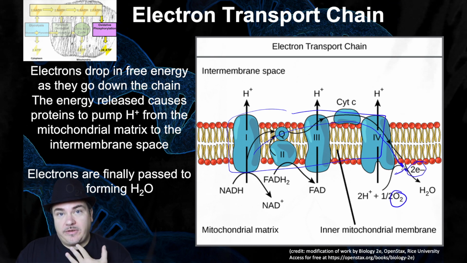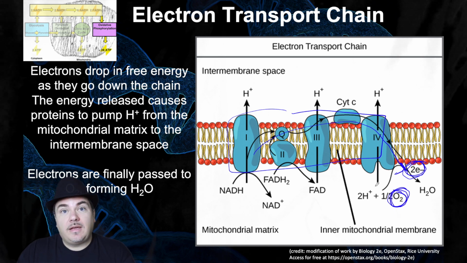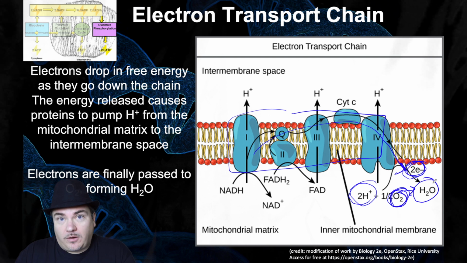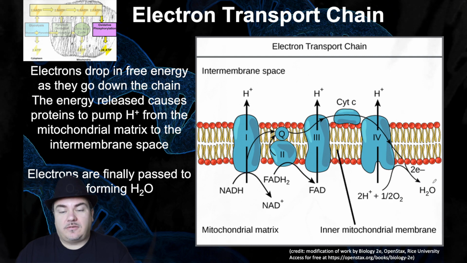So the oxygen you're breathing in right now, your cells are combining that oxygen with electrons and protons and turning it into water. Not because you really need a lot more water, but because you need somewhere for those electrons to go. Okay, so that's the whole reason you need oxygen, because you need somewhere for your electrons to go. So oxygen is the final electron acceptor of the electron transport chain.